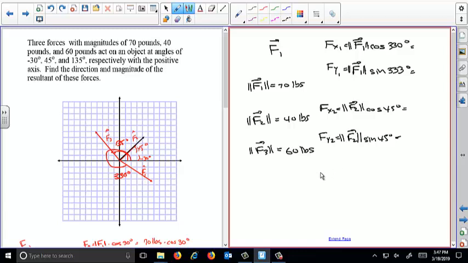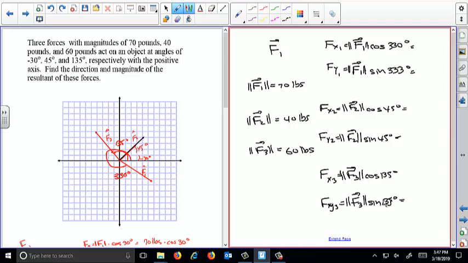And then you do the same thing for F sub x3, the magnitude of F3 times the cosine of 135 degrees, and F sub y3 is equal to the magnitude of F3 times the sine of 135 degrees.